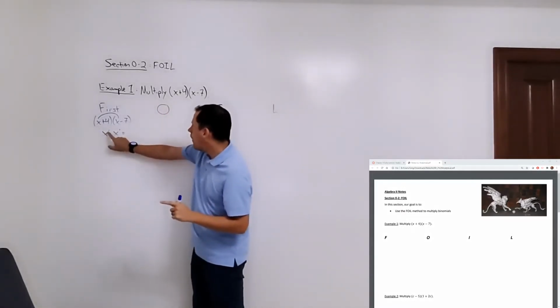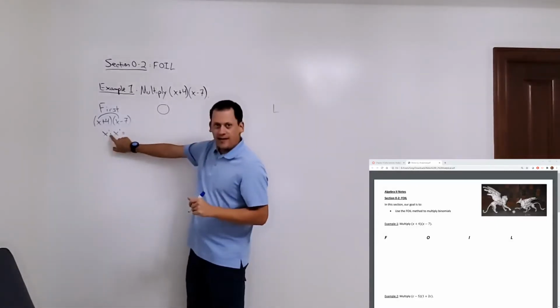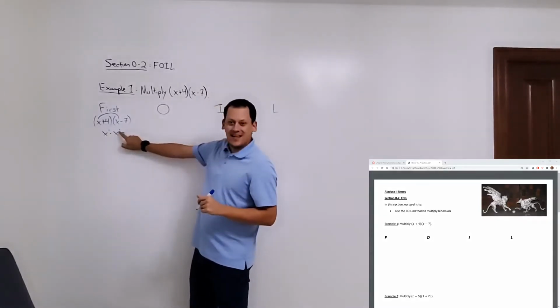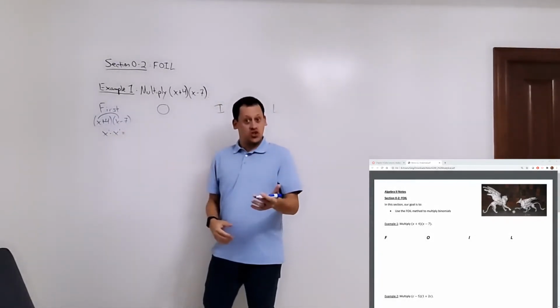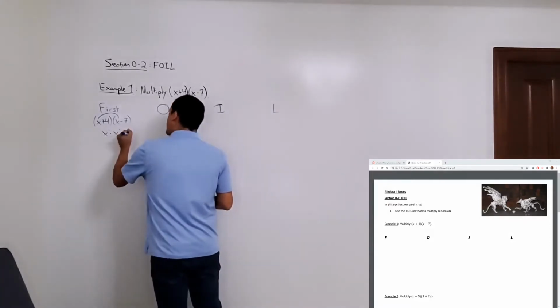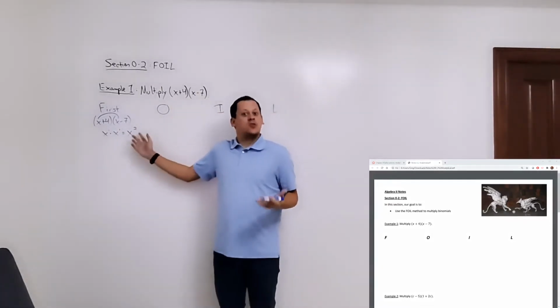So those little ones up here, those exponents. When we multiply, we add these exponents together. So 1 plus 1 would give us 2. So this is x to the second power. Another name for that is x squared.